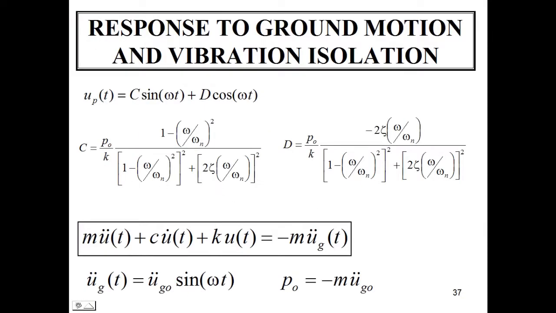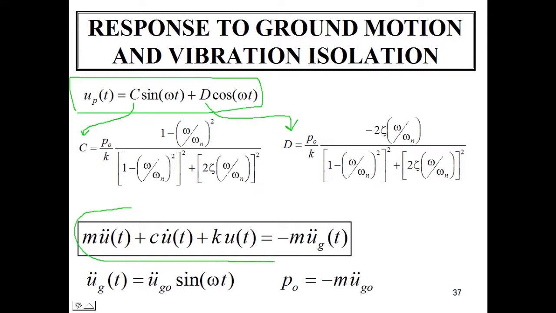Response to ground motion and vibration isolation. As previously mentioned, the particular solution to the equation of motion of a damped system under harmonic force is C times sine omega t plus D times cosine omega t.